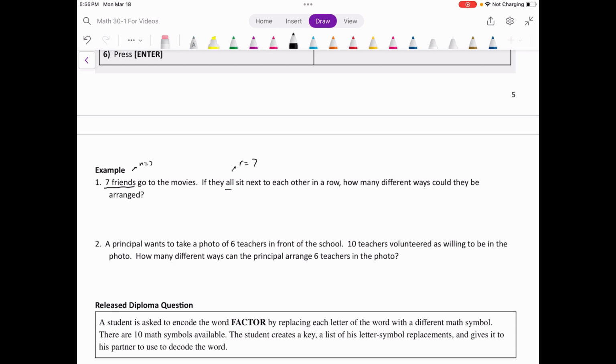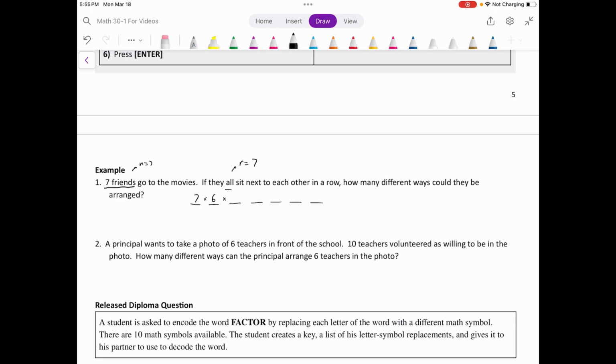Now personally, I would just approach this like this, right? It's 7 factorial. One way to look at it, 7 spots, 1, 2, 3, 4, 5, 6, 7. We know they're all sitting next to each other in a row, so there are no gaps or anything. Well, think of it this way. You've got 7 people to choose from, leaving you with 6 people who could go in the next spot.